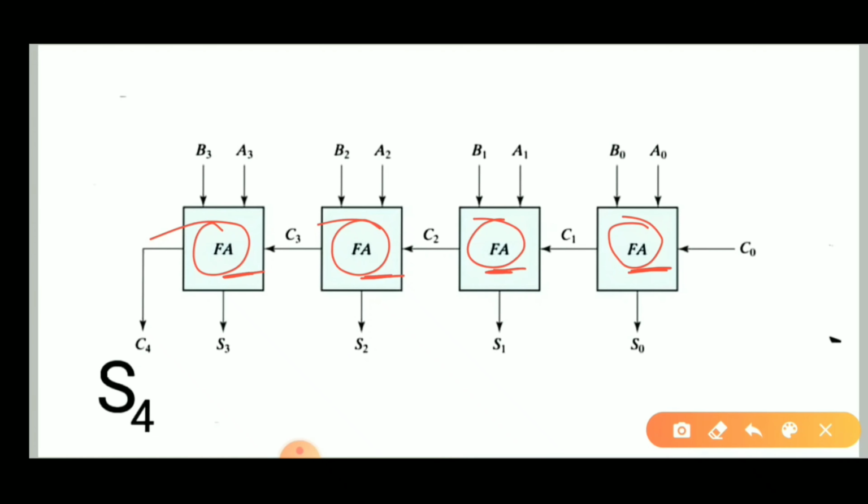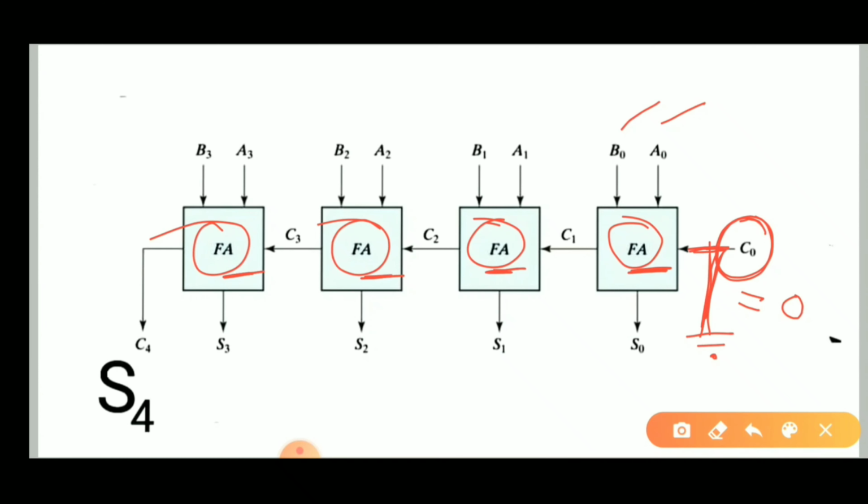For the first full adder, the inputs are A0, B0, and here for the full adder, C0 is unused. That is, this becomes 0. That means you have to connect to ground. There is no use for taking this C0.